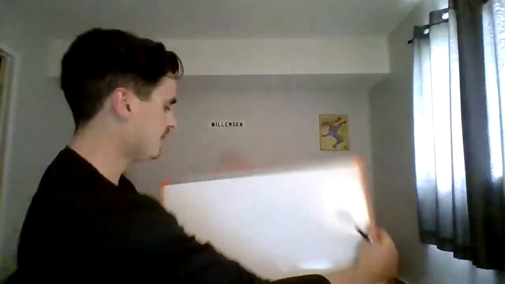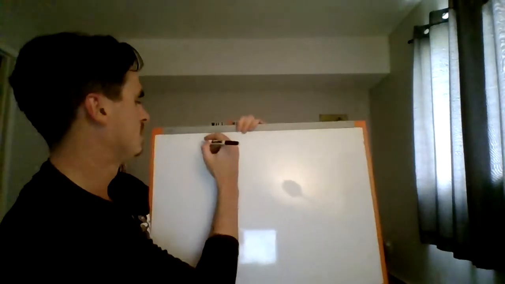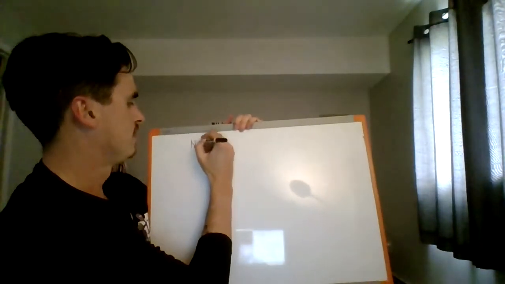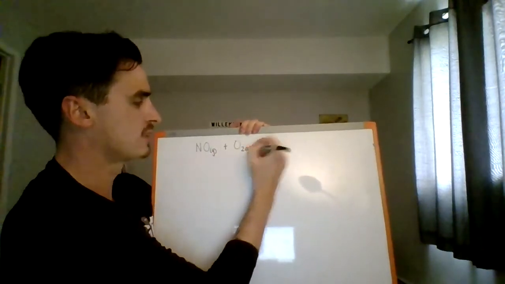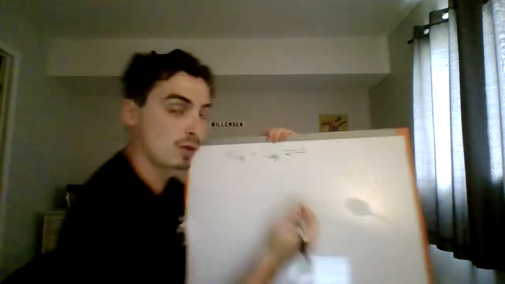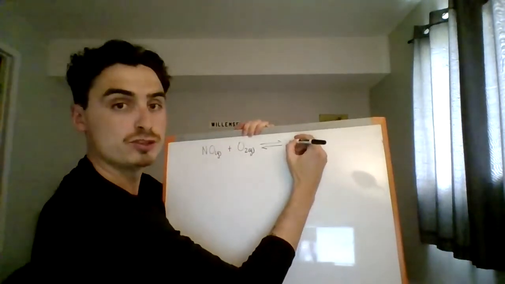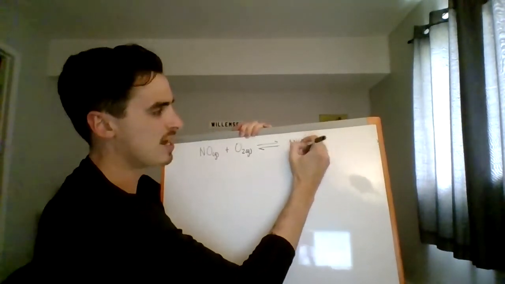So it says here that nitrogen monoxide gas reacts with oxygen to produce nitrogen dioxide gas. It hasn't given me an equation here, but I can write one. Nitrogen monoxide is NO. So NO gas is reacting with O2 gas, and it's an equilibrium reaction, so I'm going to use both arrows to produce nitrogen dioxide gas.